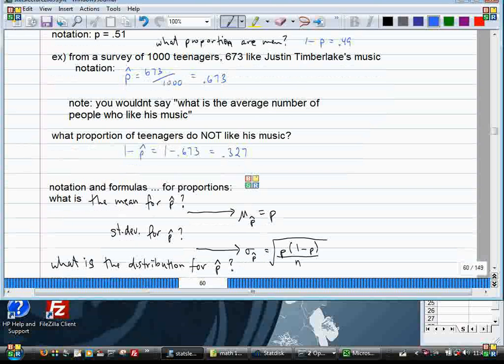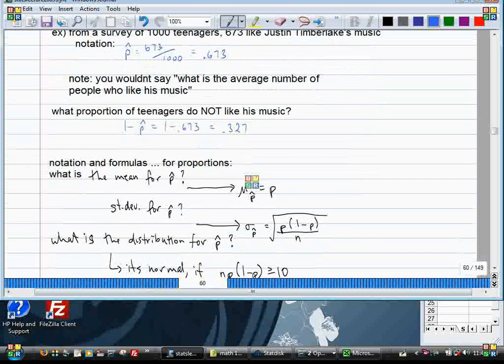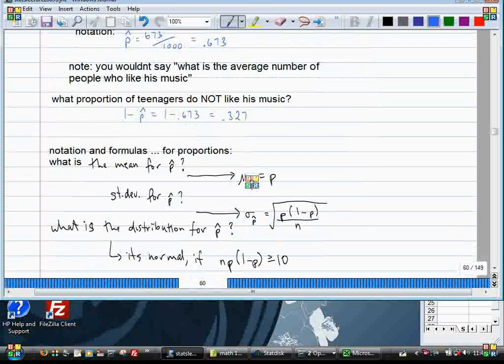So it turns out this is the test to see if the distribution is normal. If np times 1 minus p is greater than or equal to 10, then the distribution of p hat is normal. Just because.